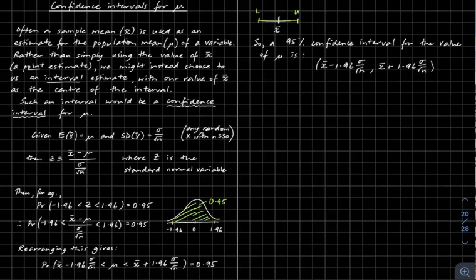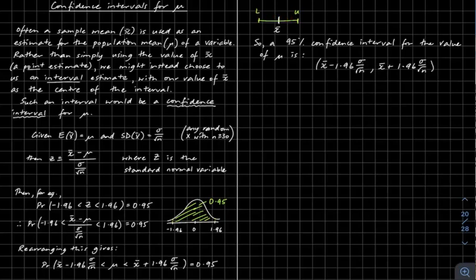Now, if you think about it, we're saying x bar is the center of this interval, isn't it? Because it's x bar minus something and x bar plus the same thing. So x bar, our value that we calculated for the sample mean, is the center of that interval, and we're getting a margin of error below and above.